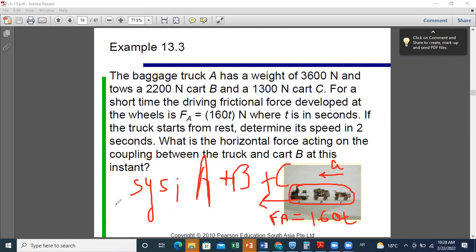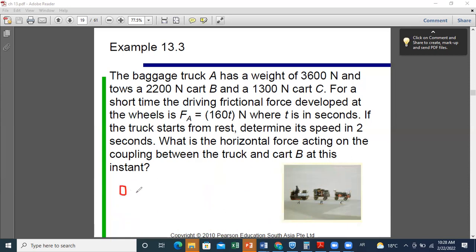Now I write FA is equal to (MA plus MB plus MC) times A, the acceleration of the system. Then my acceleration is equal to the force FA, which is 160t, over the total mass.